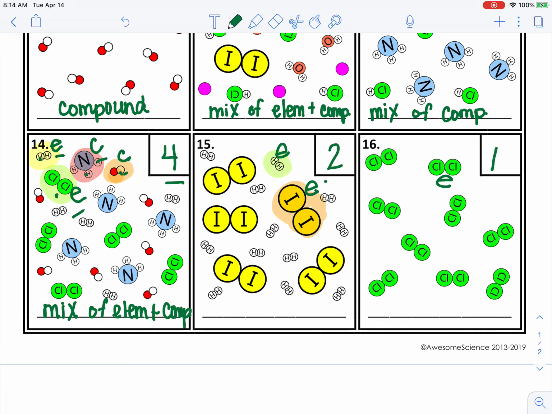For 15, I have 2 particles, so that's a mixture. And they are both elements. And for 16, I had just 1, so it's not a mixture. And we had a diatomic element here, so that is just an element.